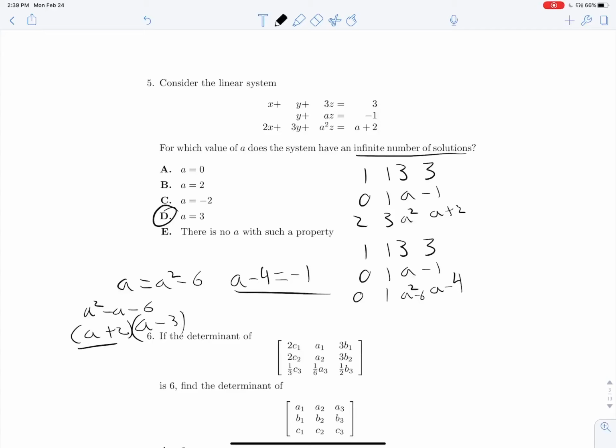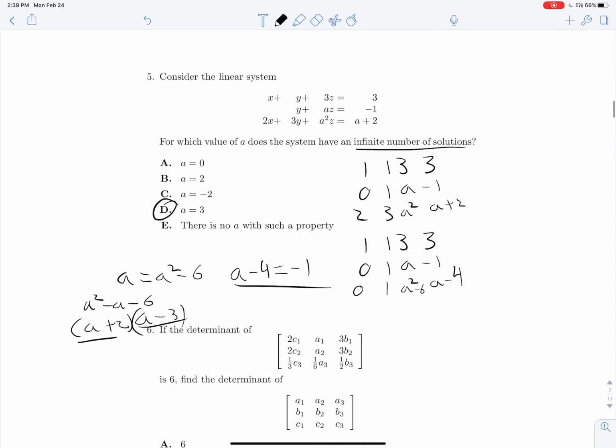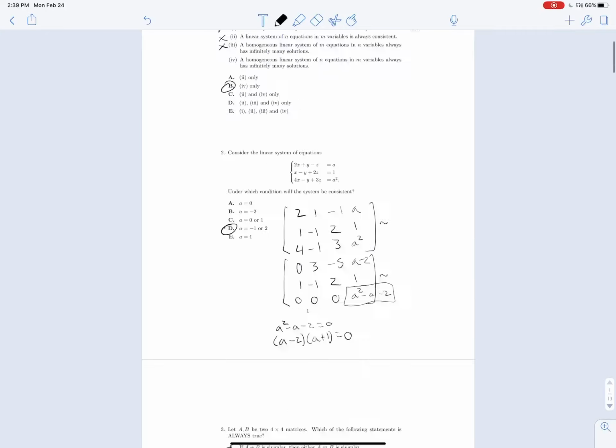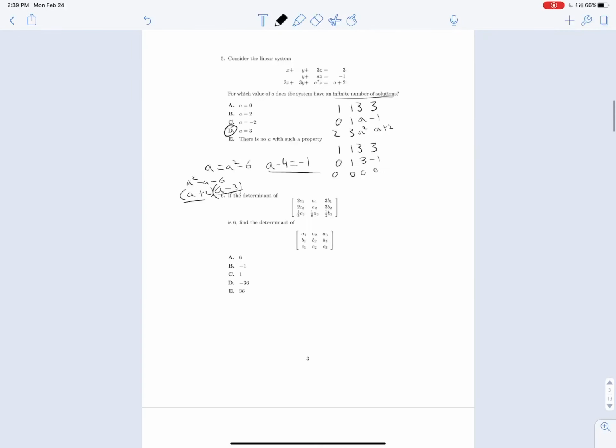And so this gives us 2 options here, but we see that only A equals 3 works for both of our conditions. And if both of these conditions are true, then we would have 3, 3, negative 1, and we can turn this into a row of zeros, and there's our infinitely many solutions. So 5 is D.